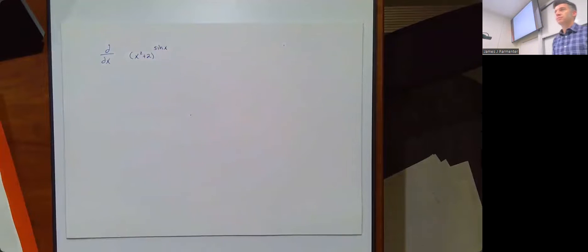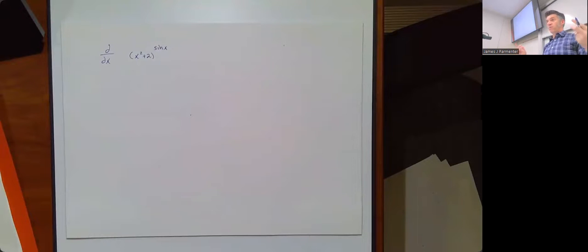This is different than anything we've seen because in previous problems, if you have x to a number, use the power rule. If you have a number to the x, use the exponential rule we just talked about. But if you have a variable in the base and in the exponent, neither of those rules is applicable.